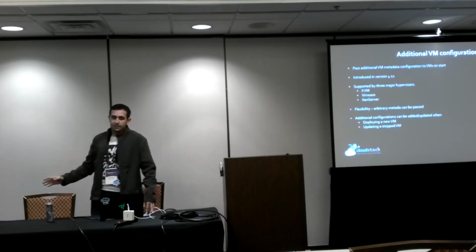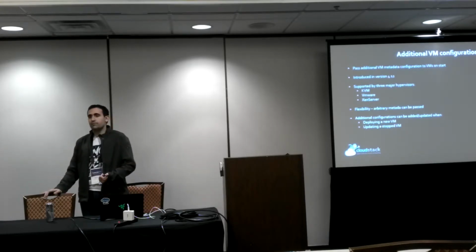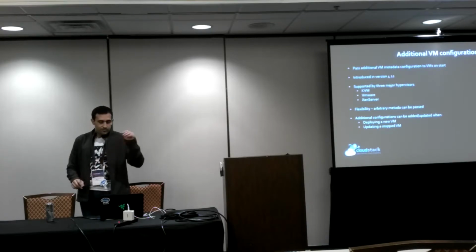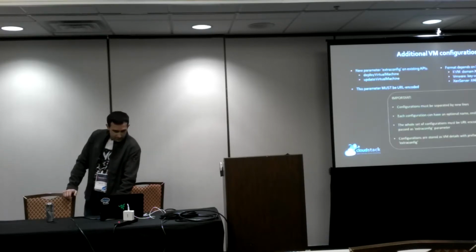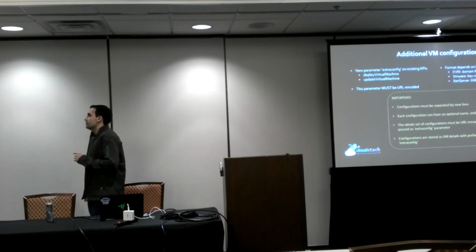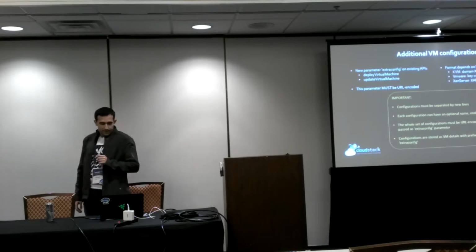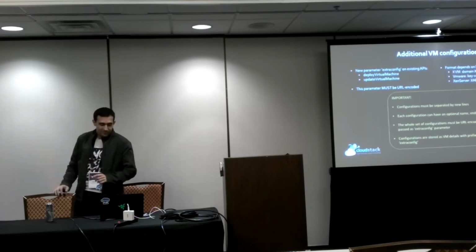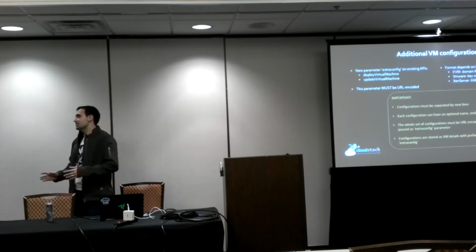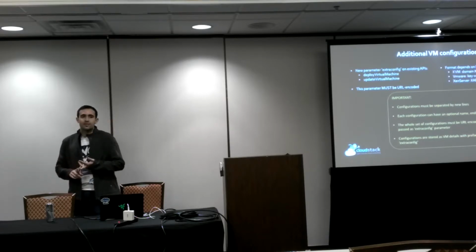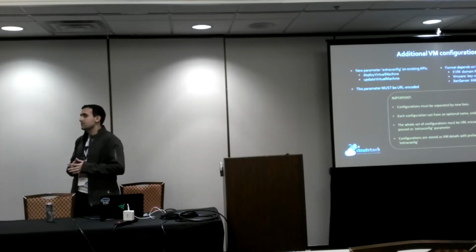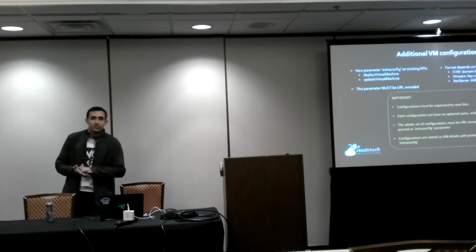All that metadata is sent, as I mentioned, on deployment time, or can also be at update time. The way it's done is with the existing APIs; there's a new parameter, extra config, that needs to be encoded.